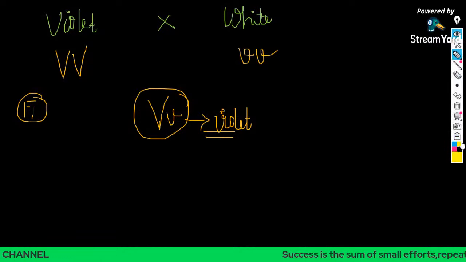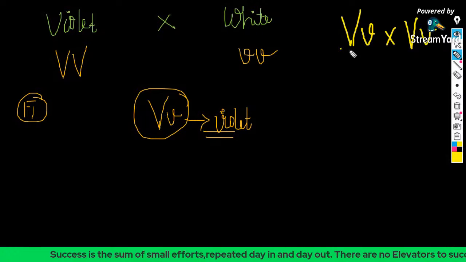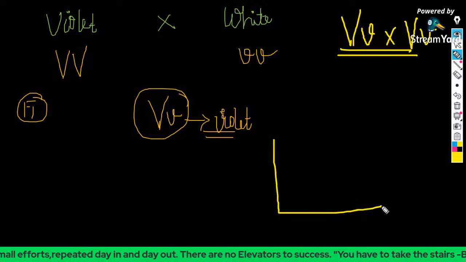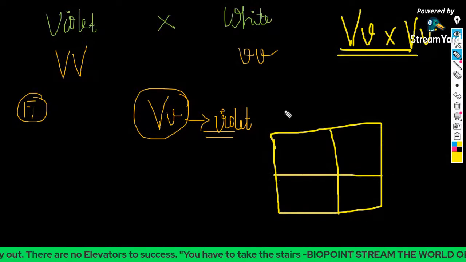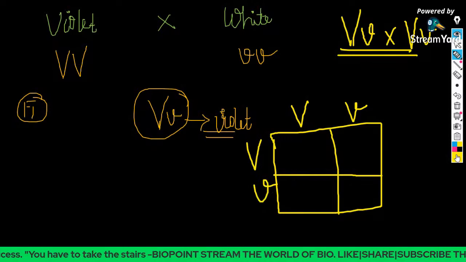If you self-pollinate these violet flowers, then you have to draw a Punnett square: capital V, small v, capital V, small v.